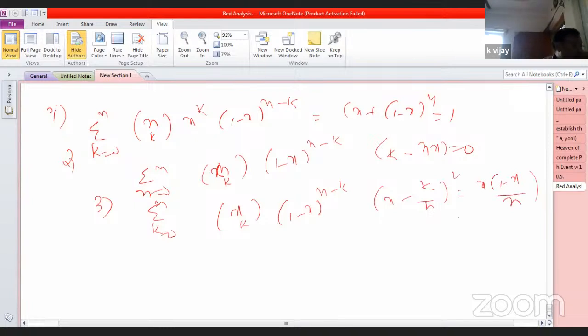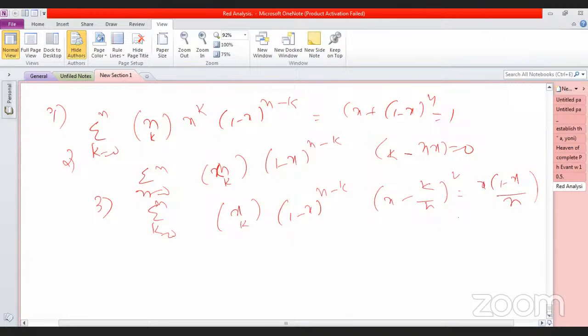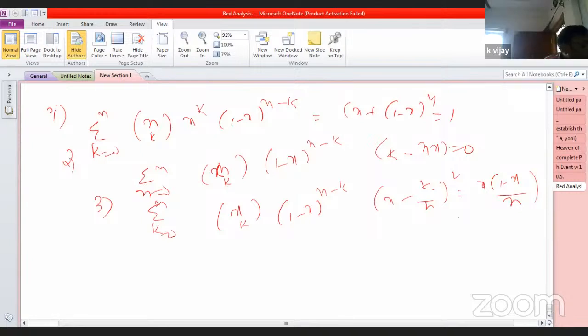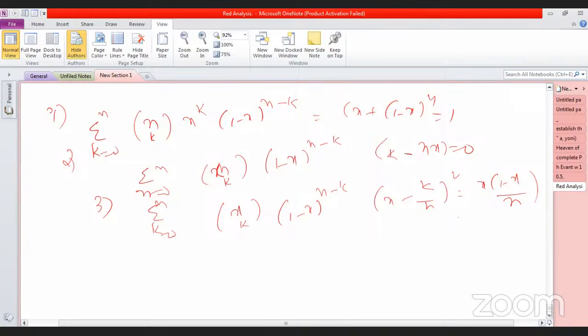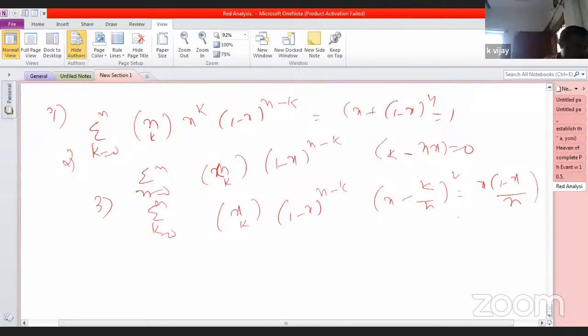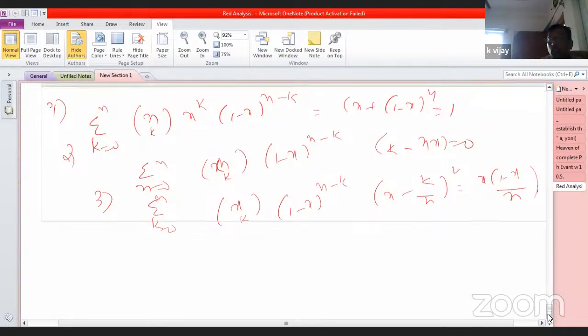These are the conditions for the Weierstrass approximation. You have to learn this one. This is the condition of the Weierstrass approximation theorem.